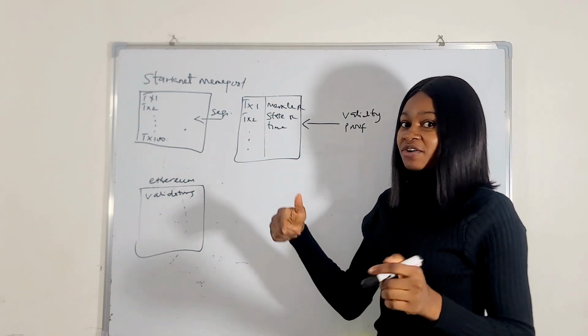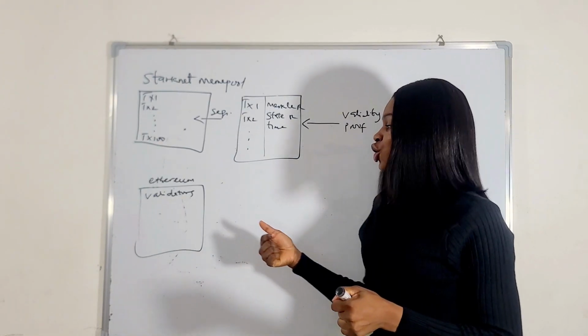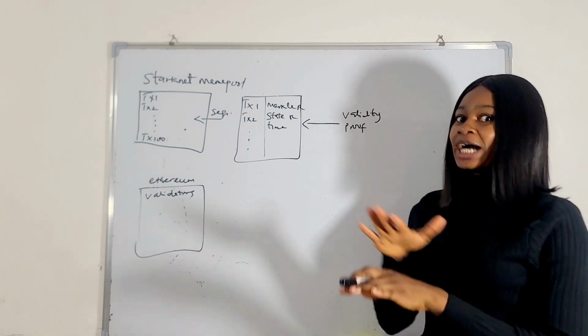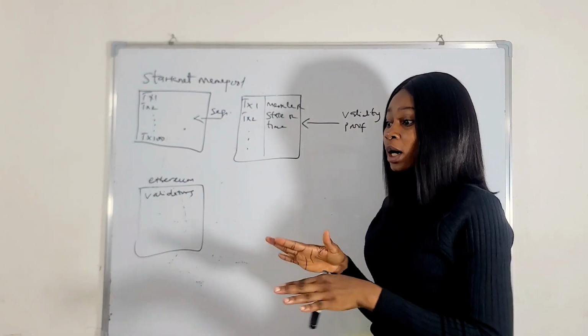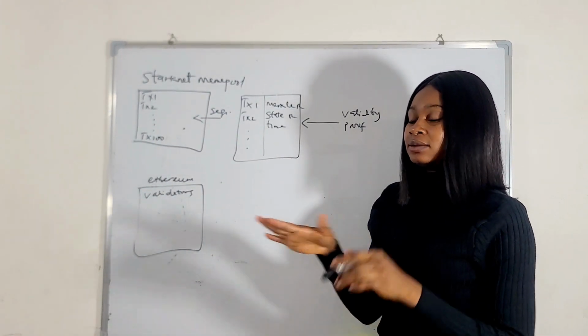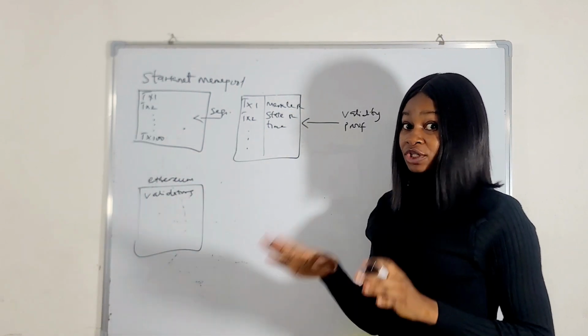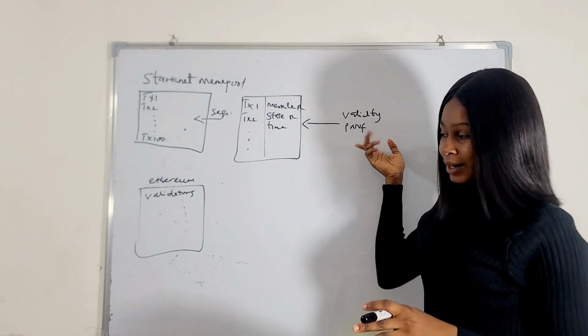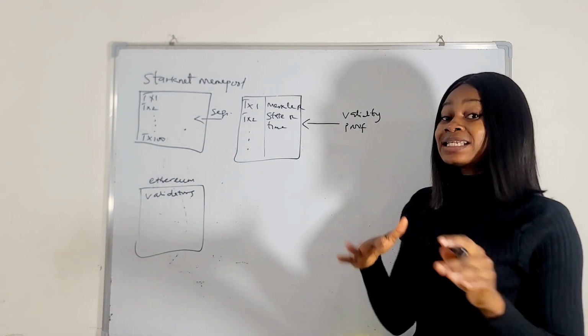There's something called the verifier smart contract. This is the smart contract that does the actual verification, the whole computational, code-level verification of this proof. This contract sits on Ethereum.